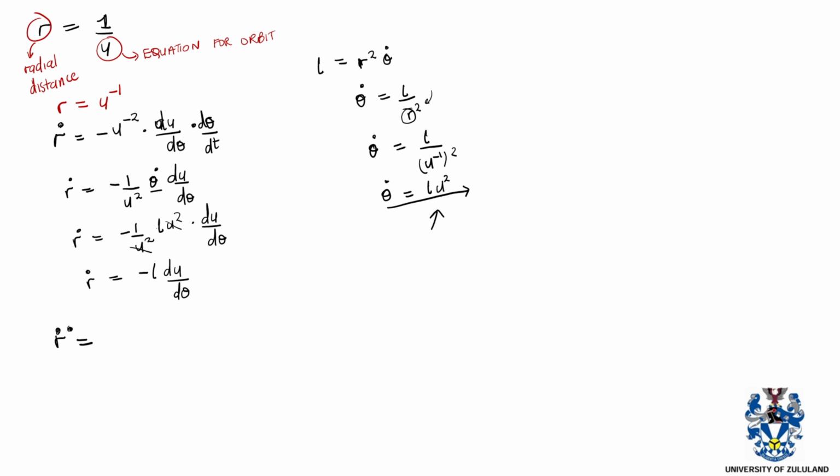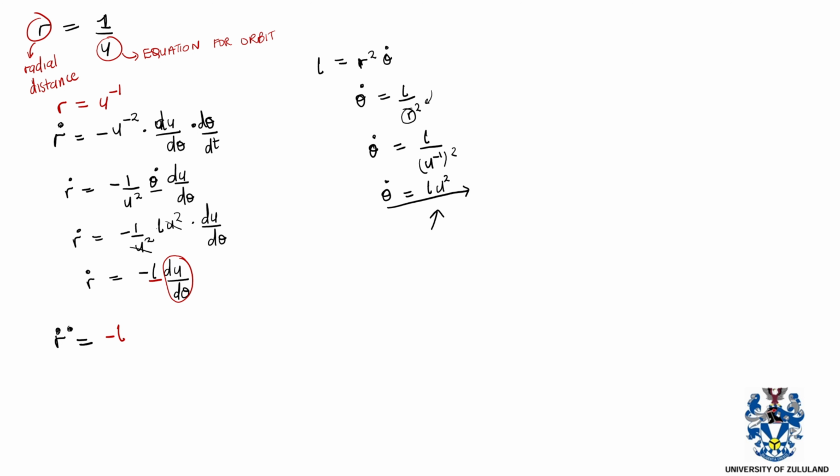To find the second derivative of r, basically L is a constant. Remember, in our previous video we said that L, which is small letter l, the angular momentum per unit mass, remains the same. It remains constant, or it is conserved. So we're going to take it out as a constant. This is going to be negative L. And then we're going to differentiate this with respect to theta and with respect to time.